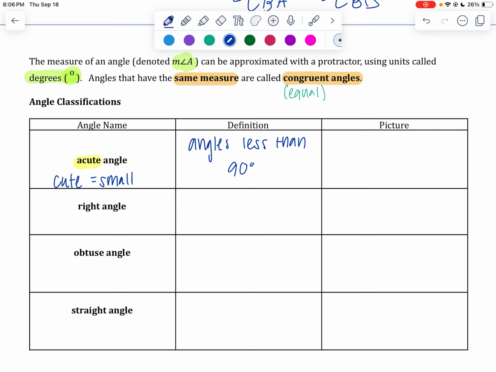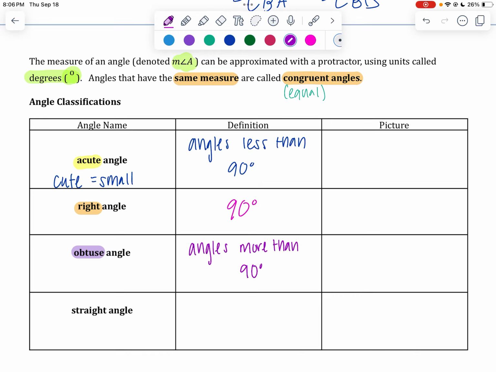Okay, a right angle, this is straight up going to be 90 degrees. Okay, an obtuse angle is going to be any angle more than 90 degrees.